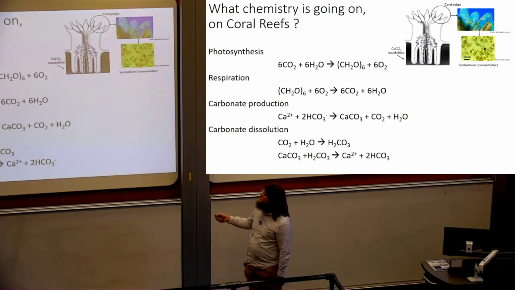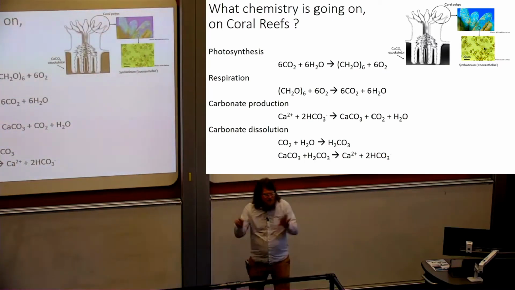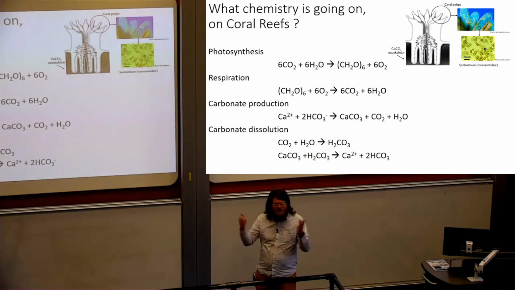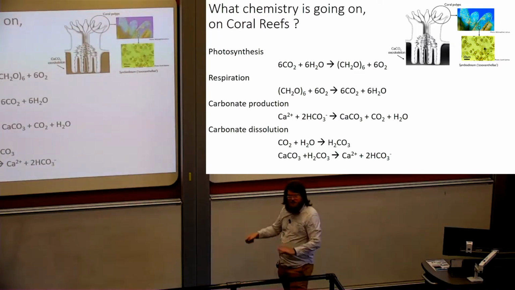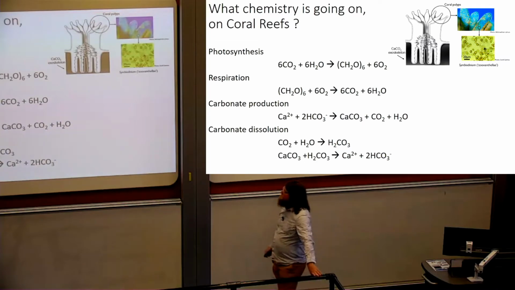So with photosynthesis, CO2 and water get turned into organic matter and oxygen. The actual chemical equations of the Calvin cycle and so on are different. Respiration takes organic matter and oxygen and produces CO2. Those are fairly straightforward.